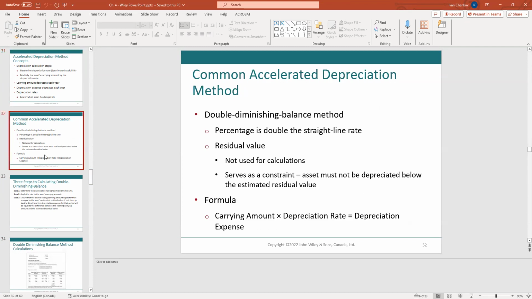A common accelerated depreciation method is double declining. How do we get the 40% for double declining? We take 1 divided by 5, which is 20% normal depreciation. If we want to double it, we take 20% times 2, and we double the depreciation expense.